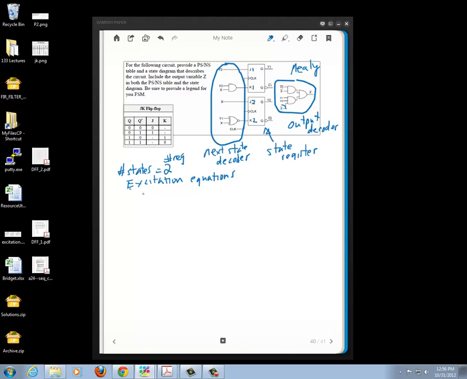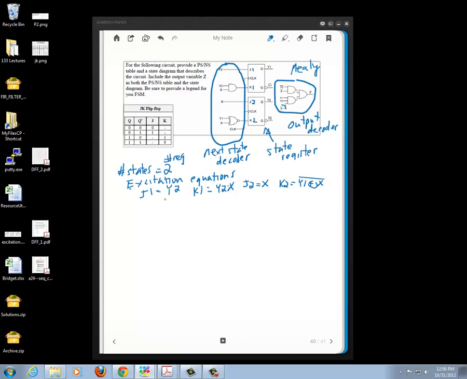So we have J1 equals Y2. K1 equals Y2 and X. Then J2 equals X. And K2 is equal to Y1 exclusive NOR X.